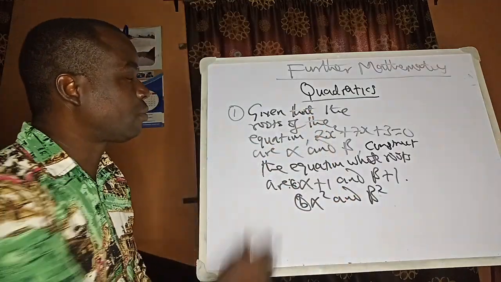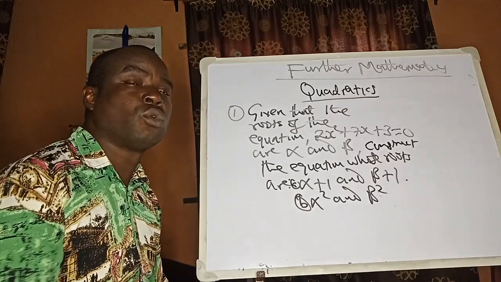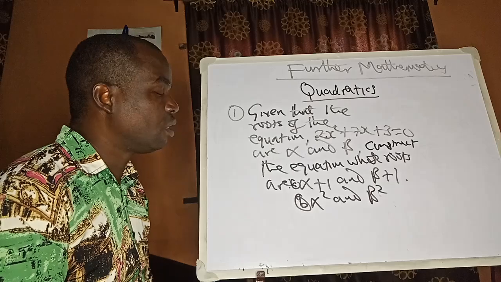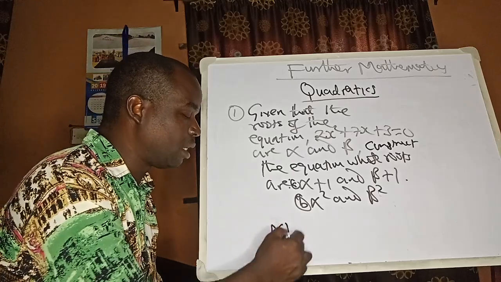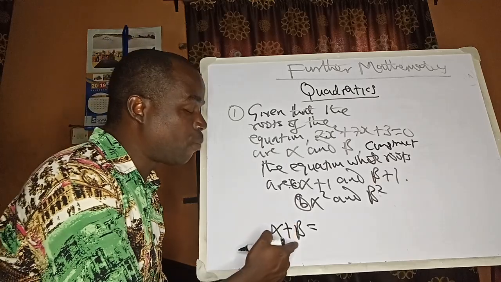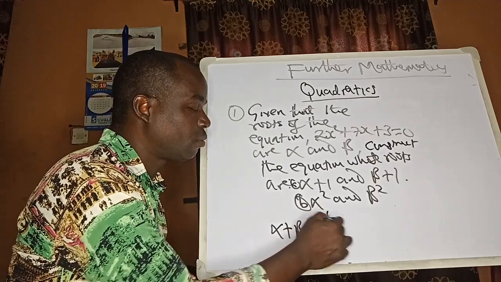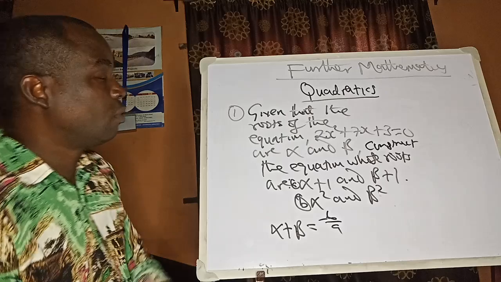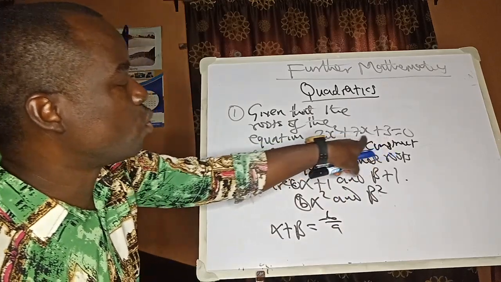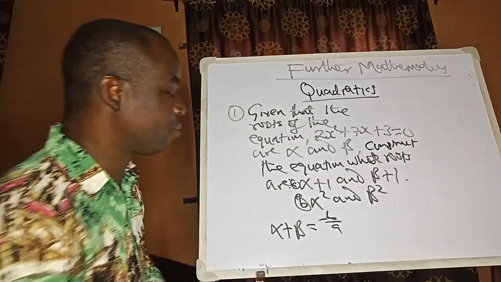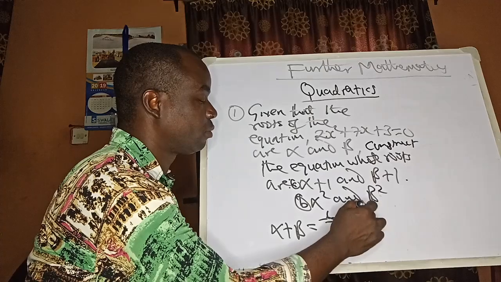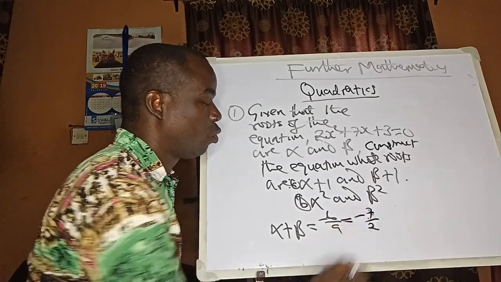Now let's begin. Before you do anything in a quadratic equation, the first thing you should do is bring out your alpha plus beta. Very important. Alpha plus beta is minus b over a. Here, our a is 2, our b is 7, our c is 3. So minus b over a will be minus 7 over 2.